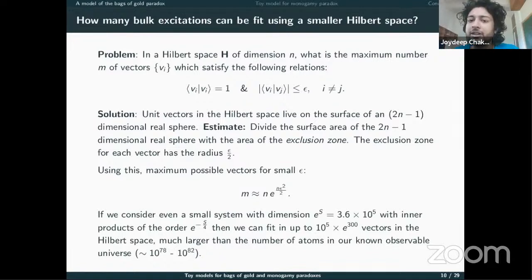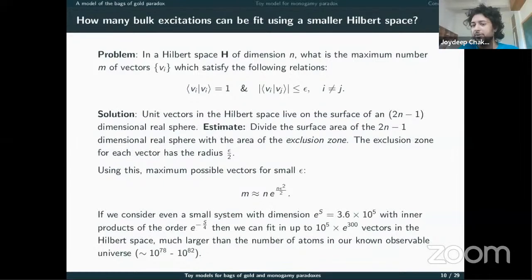If we have a vector vi, and we try to put another vector vj very close to this vi, then the second condition in our problem will be violated. So really there is an exclusion region around this vi in which no other vector can exist.